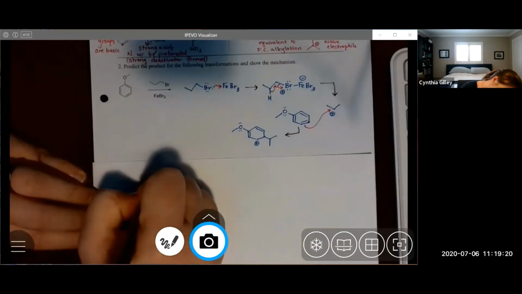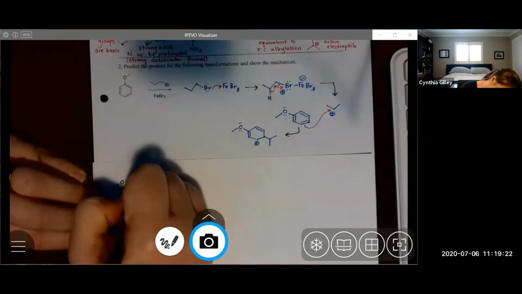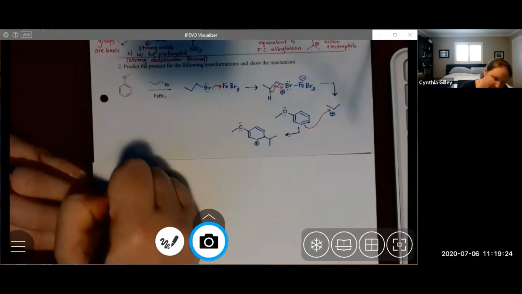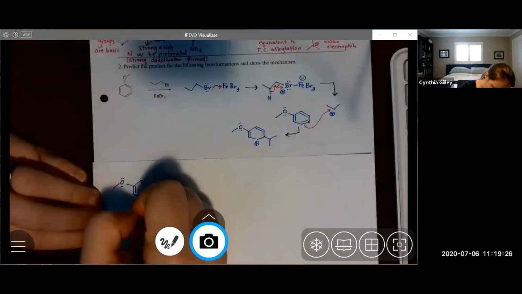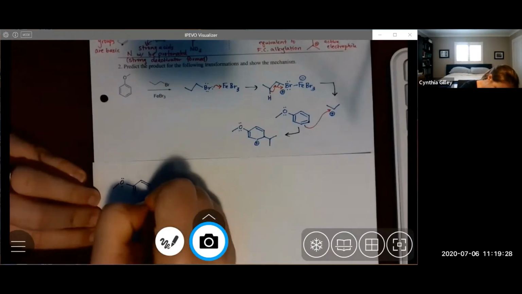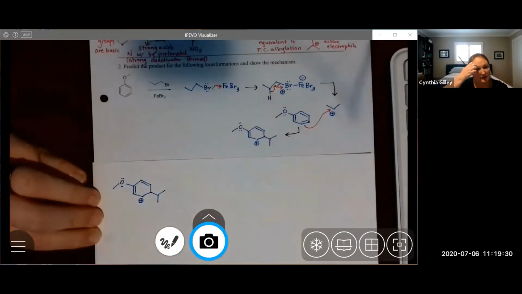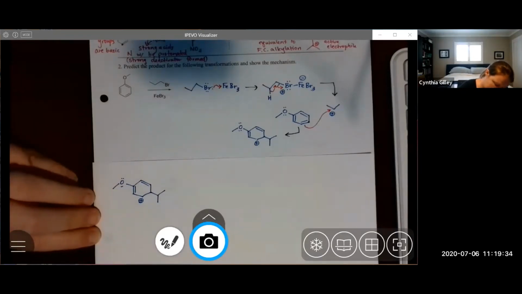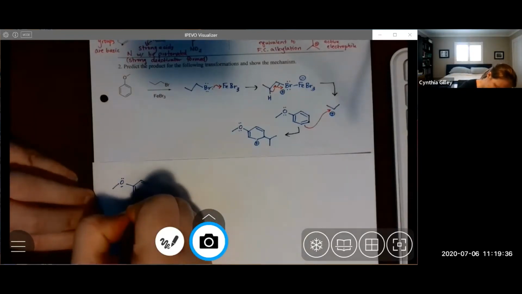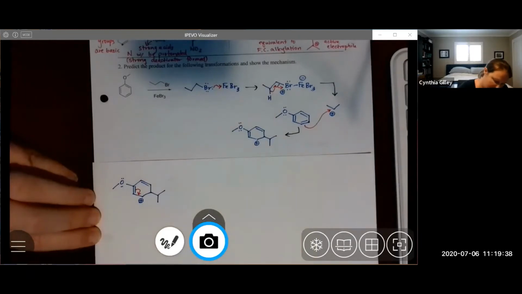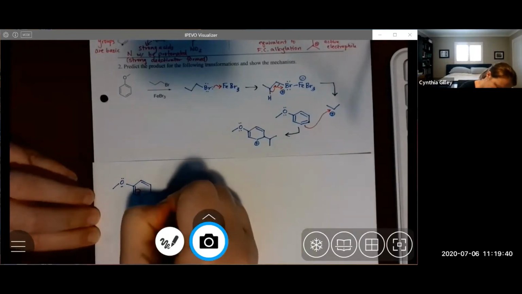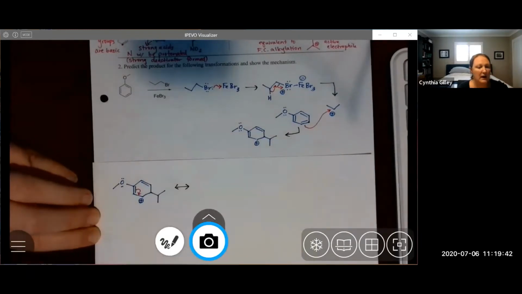So this shows us why the para attack is so favored, because of the generation of an extra resonance contributor. So to draw resonance, we are just going to start out with the allylic carbocation pattern.